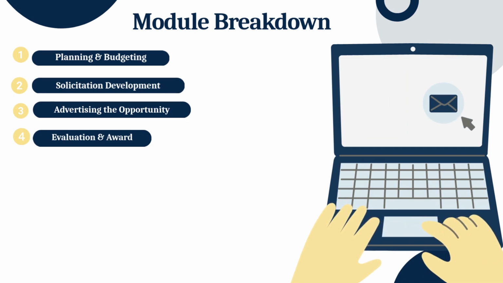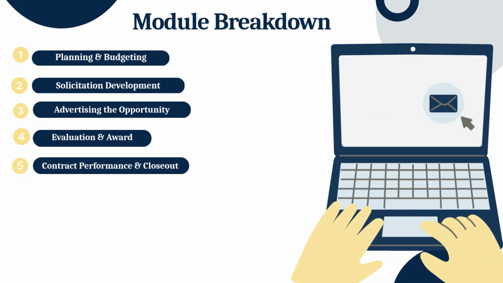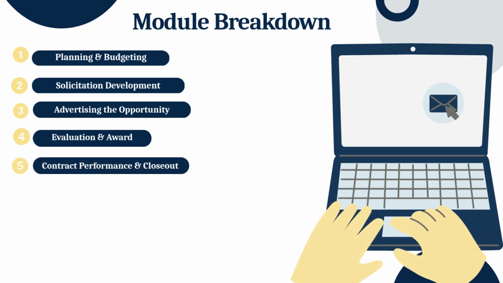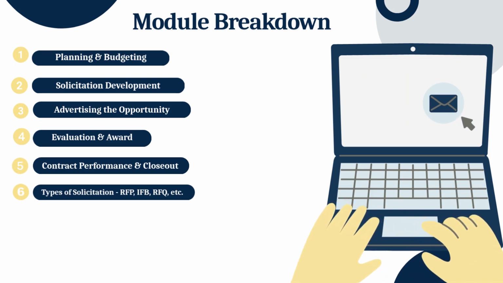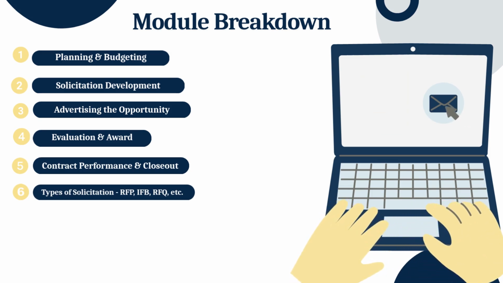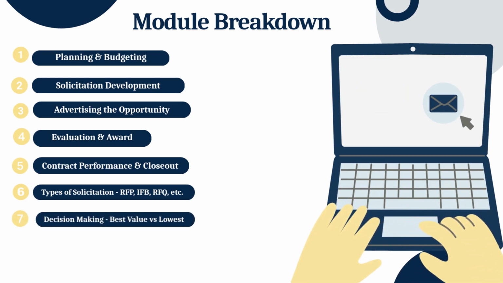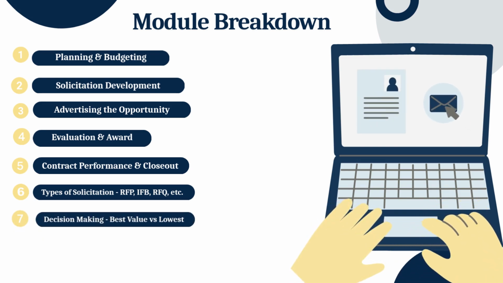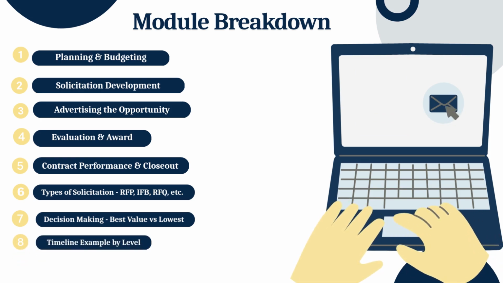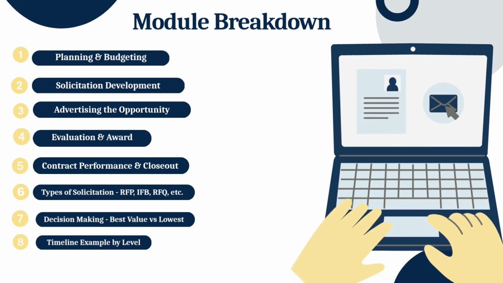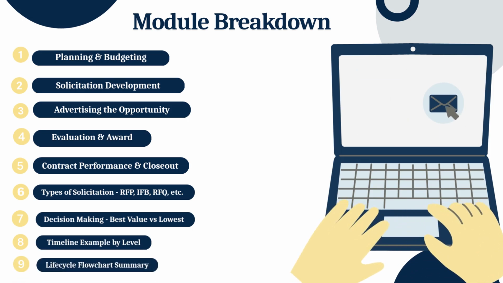We'll cover what happens after the contract is awarded, including performance and closeout, and explain the different types of solicitations like RFPs, IFBs, and RFQs. You'll also explore how decisions are made, whether based on best value or lowest cost. To bring it all together, we'll review timelines by level and wrap up with a clear lifecycle flowchart summary. Let's dive in.